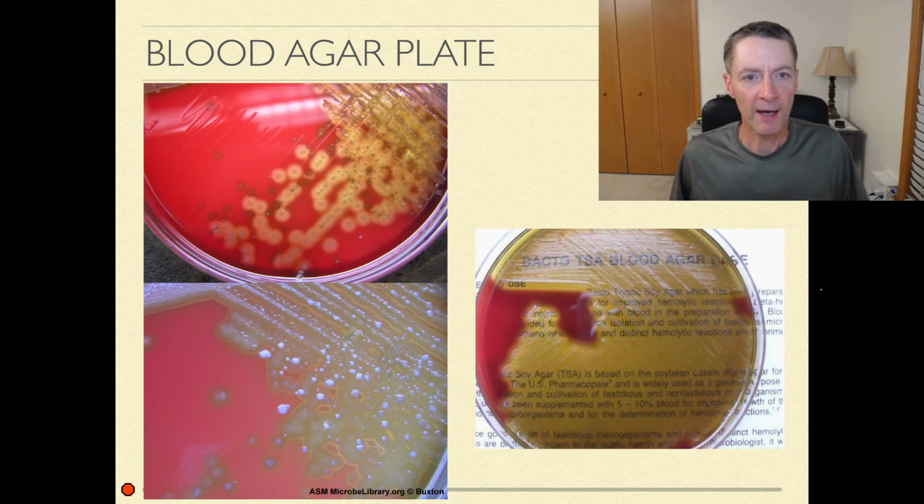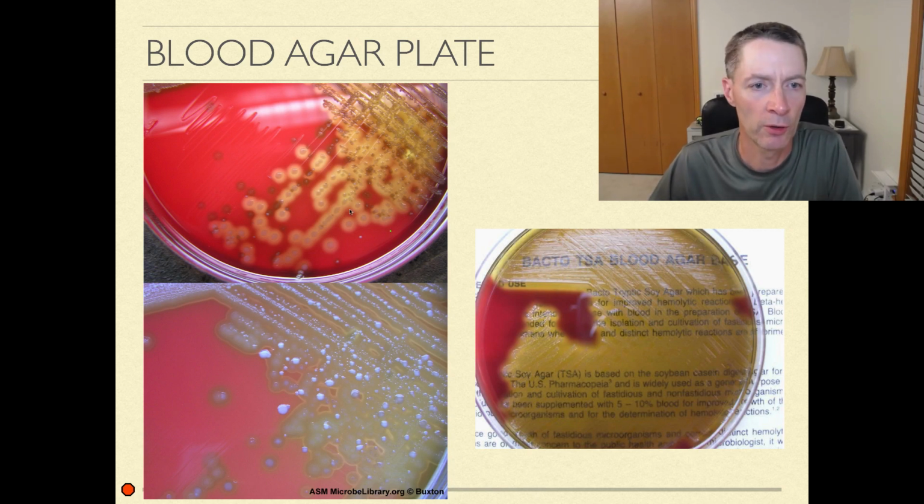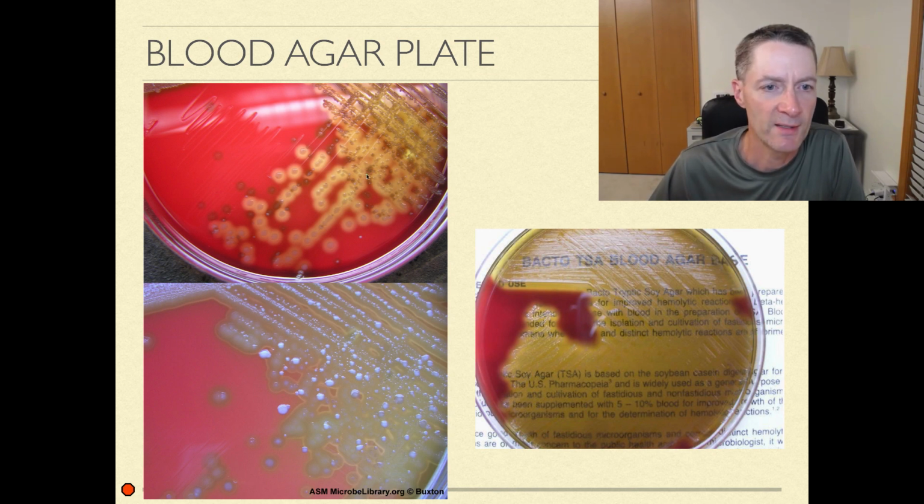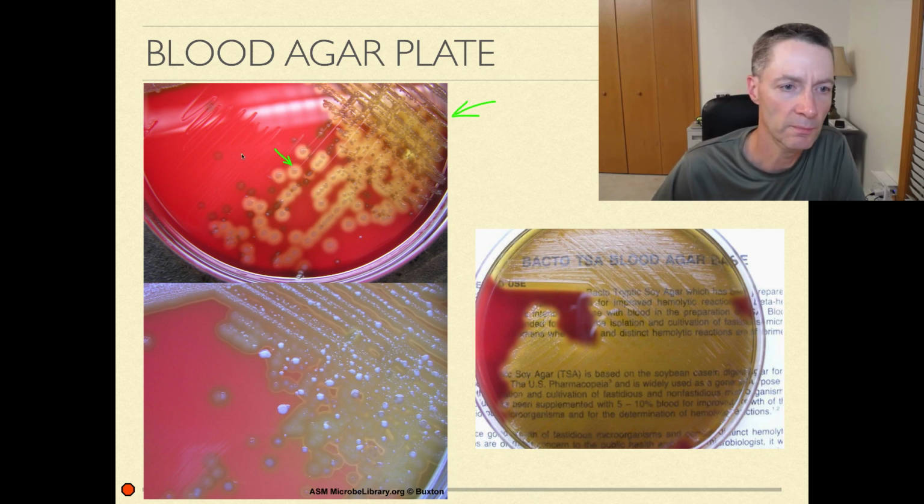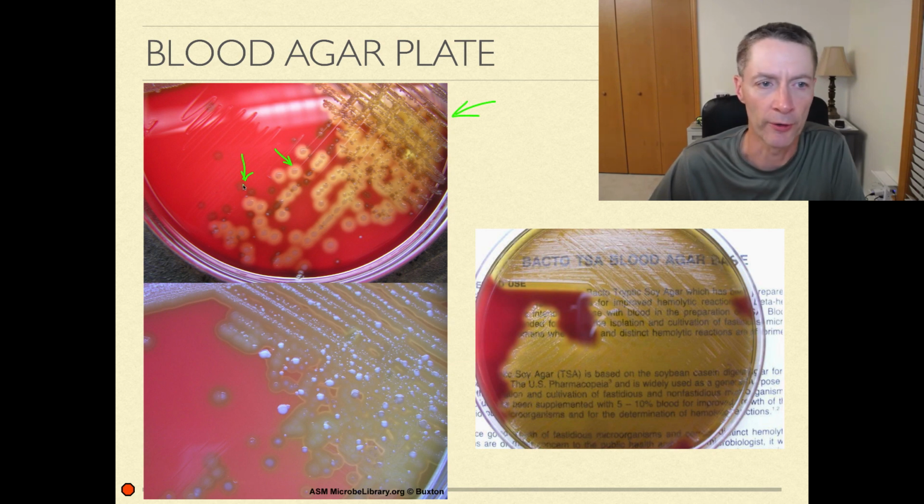Okay, and finally, let's do a few trickier ones here with the blood agar plate and call it quits for this particular clip. So here, up on the top left, some colonies have a nice clear halo, and some of these colonies have kind of a bruised greenish or brownish look.